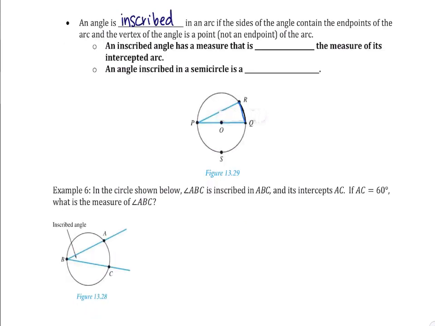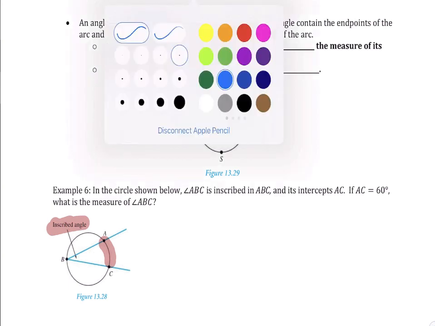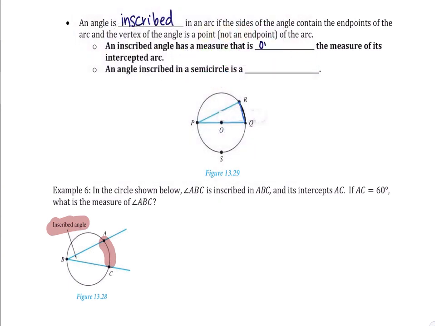What that's going to look like is down below in figure 13.28, where you have the inscribed angle, where you see the vertex is on the circle, and then the arc between the two rays of the angle is going to be formed there. Now, the inscribed angle has a measure that is going to be exactly half of the measure of the intercepted arc.